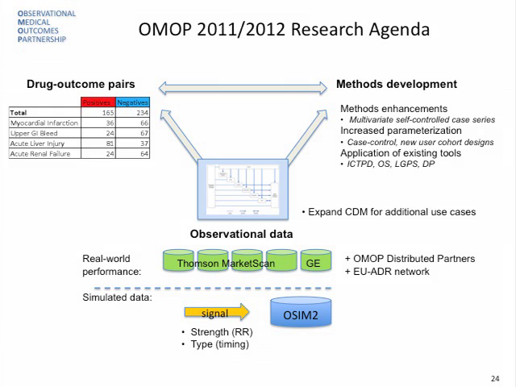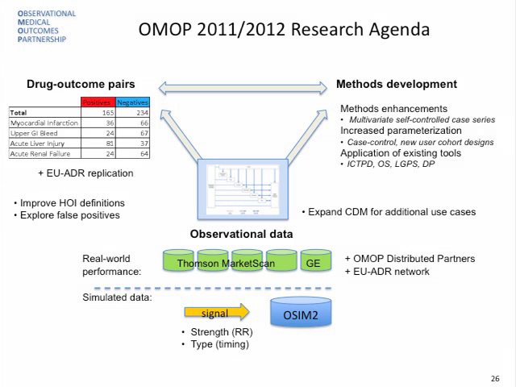So the biggest difference, perhaps, in the work this round was that we dramatically expanded the positive and negative controls from 44 and 9 to 234 and 165. And I'm going to talk about that in some detail in just a moment, as well as taking advantage of the work done in EU ADR to choose drug outcome pairs.